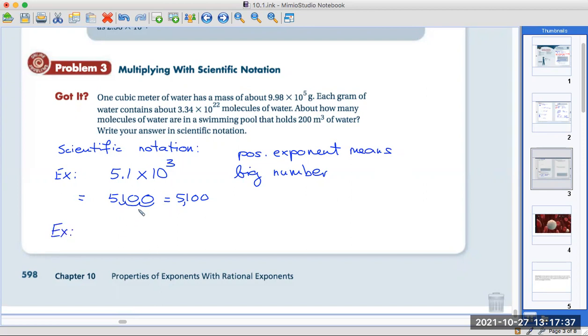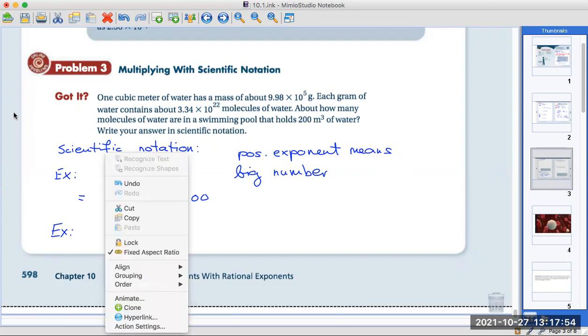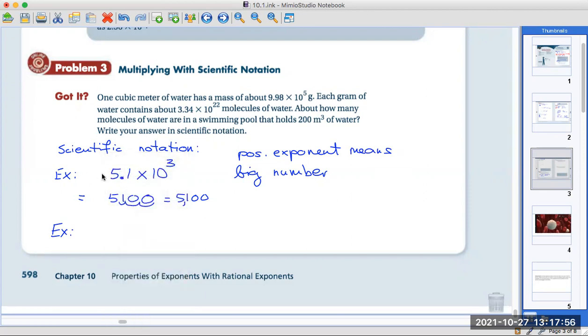So by the way, your first number is always a decimal with one number in front, and then comes your decimal point, and then there's some numbers in the back, but it's always one digit here. This is your tens. If you have two numbers here in front of the decimal, it's not proper scientific notation. Okay, it's always like that.